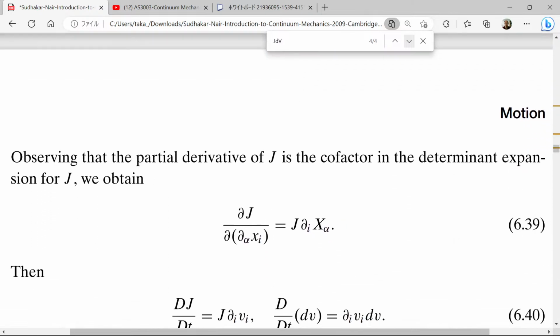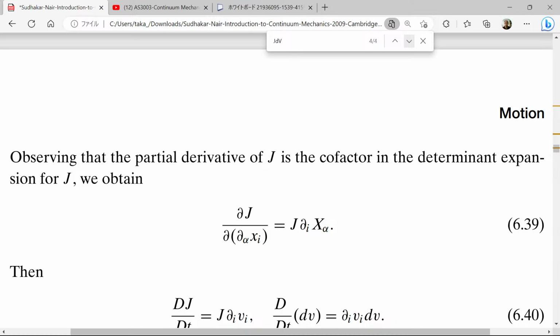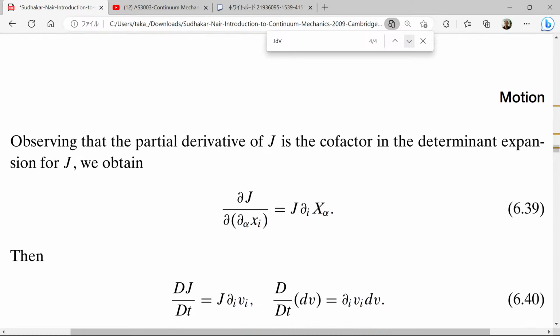dJ/dt. Then this is the problem. Okay, this is the cofactor. Observing that the partial derivative of J is the cofactor in the determinant expansion for J, we obtain this.